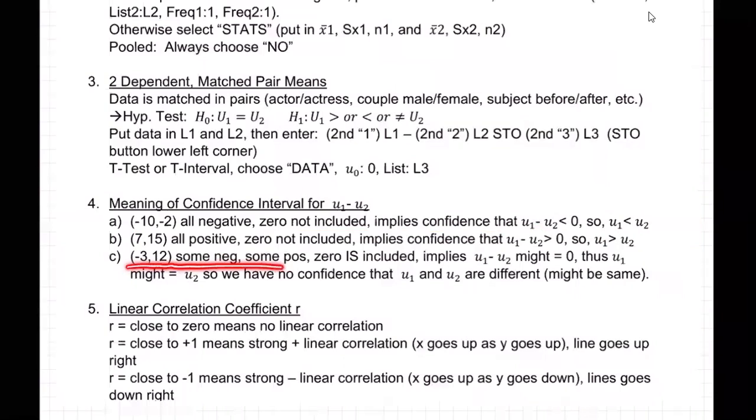Some negative, some positive means 0 is in the interval. Between a negative and a positive, 0 is in there, which means the difference might be 0, which means they might be equal to each other. So we have no confidence that they're different. They might be the same. That's how you conclude a confidence interval.